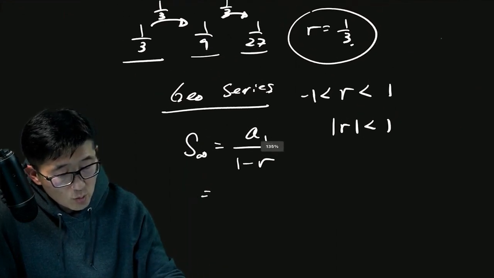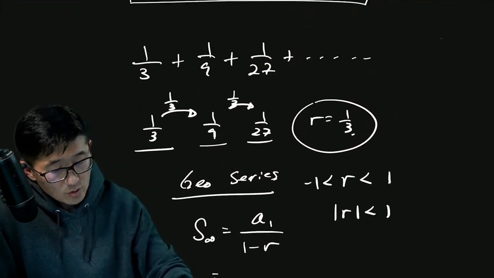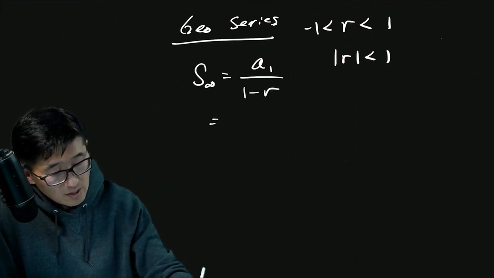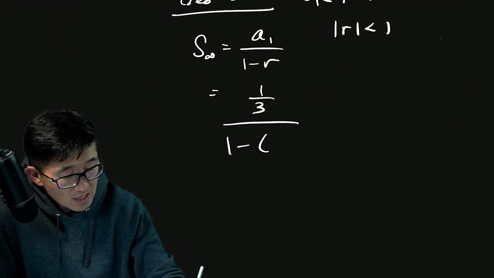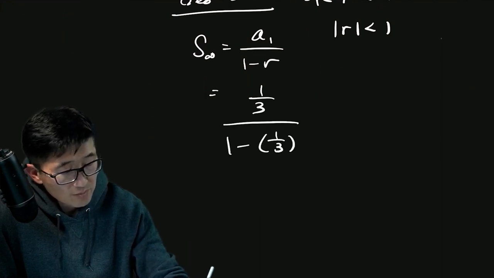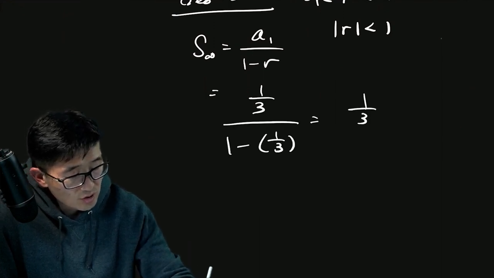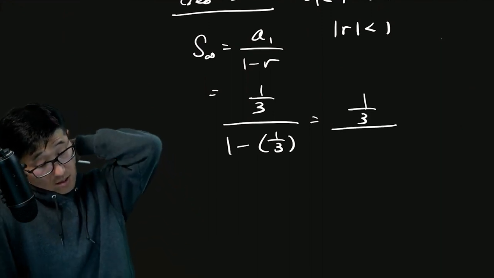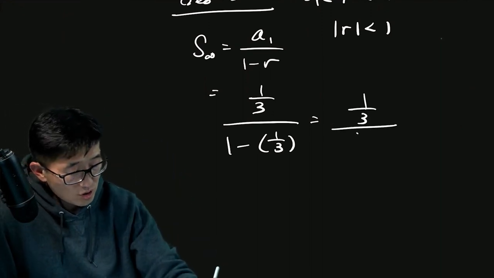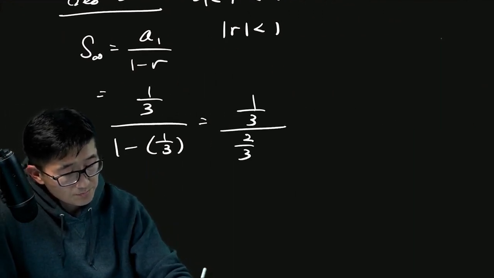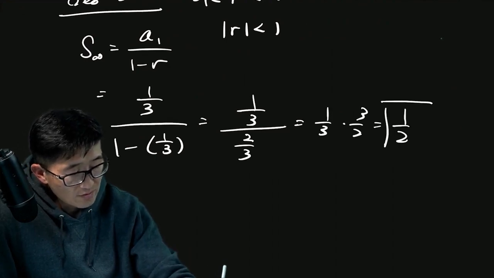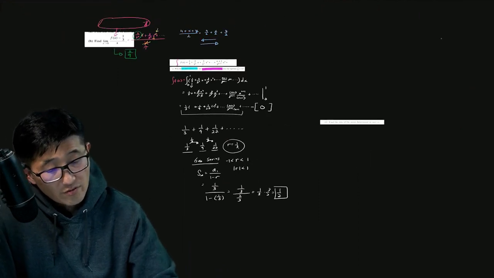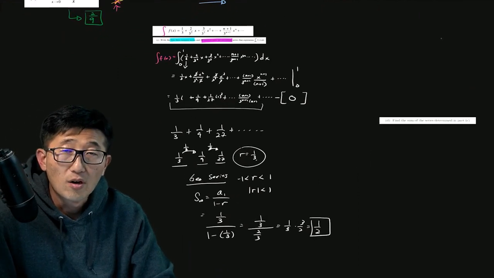What's a1? The first term is 1/3, which is right over here. So 1/3 divided by 1 minus the ratio, 1/3. So it's simply 1/3 divided by 2/3, and just flip it around. So it's 1/2. And there you have it, folks. Okay, all right, I hope that helps.